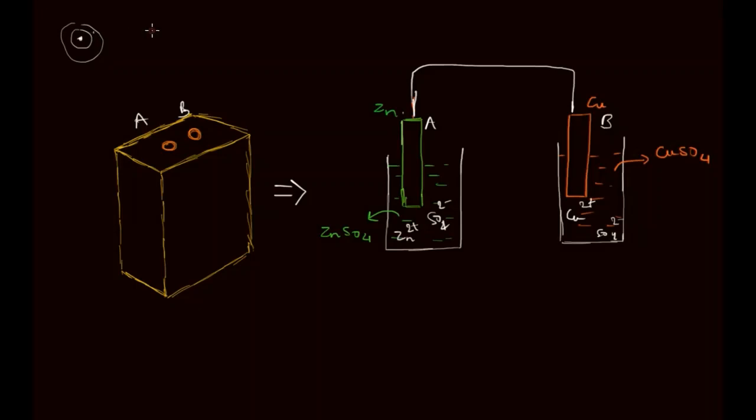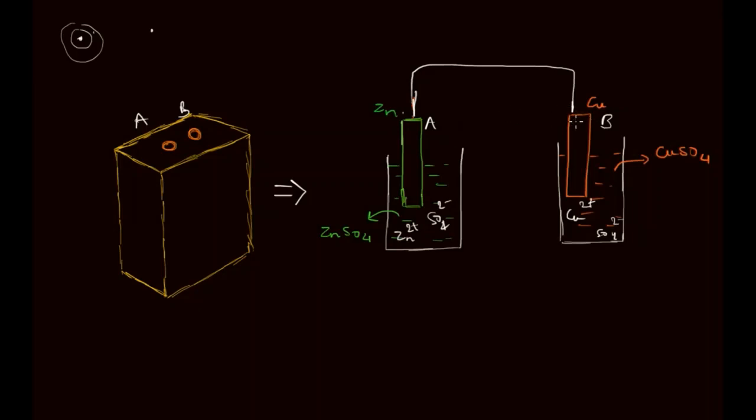Now each atom attracts these electrons which rotate in the orbit by a different force, right? Copper attracts the electrons by a larger force than zinc. So copper has a higher affinity for electrons than zinc, right? Each metal can be ranked in that order.